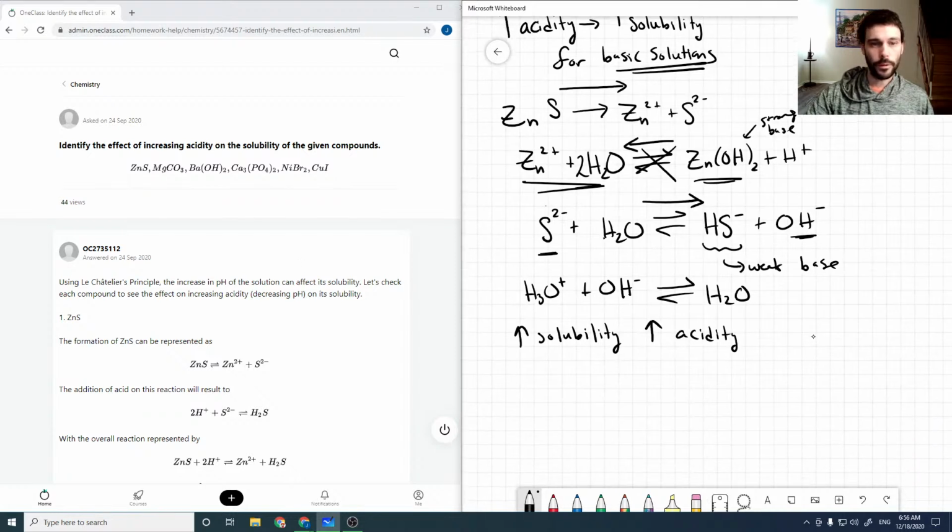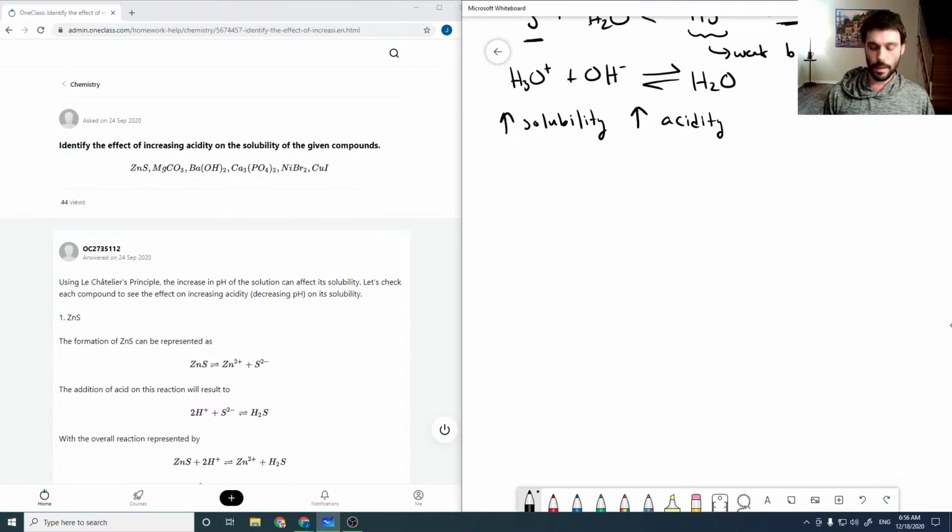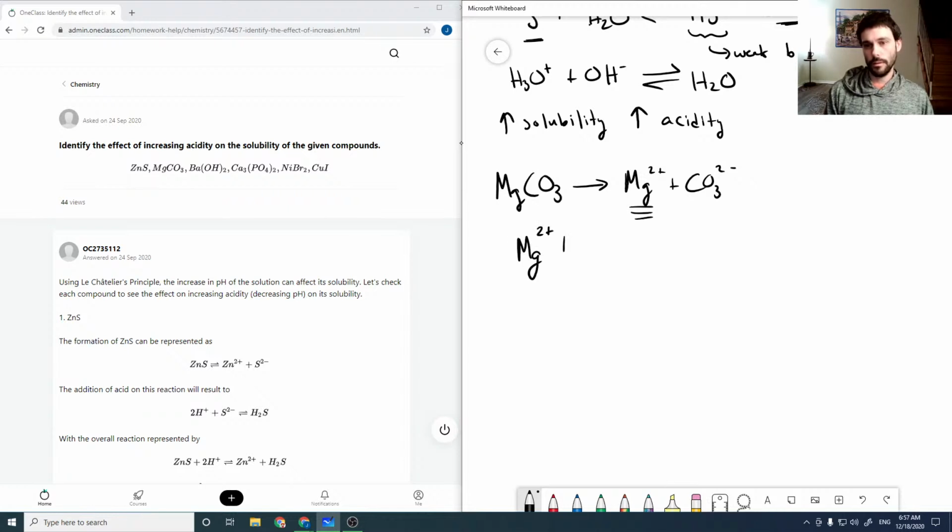Okay, so then if we go on to the next one, MgCO3. This is going to dissolve into Mg 2 plus and CO3 2 minus. Again, this is an alkaline earth metal, so that's going to form a strong base with water. If we combine this with 2 waters, we would get Mg(OH)2 plus 2 H plus, but that's a strong base, meaning it doesn't go back and forth, it just goes one direction.